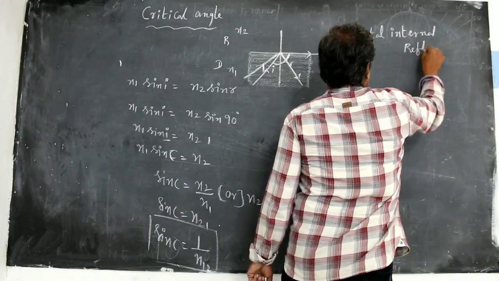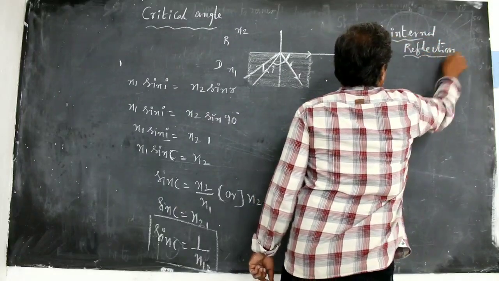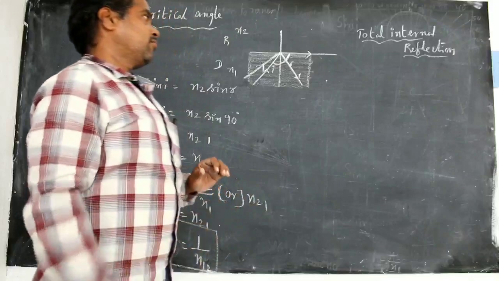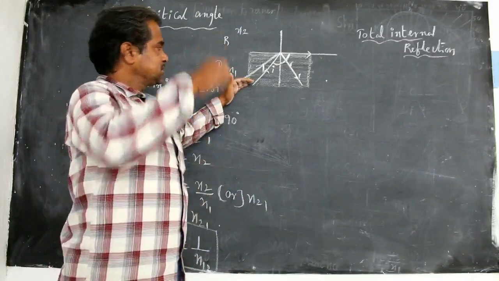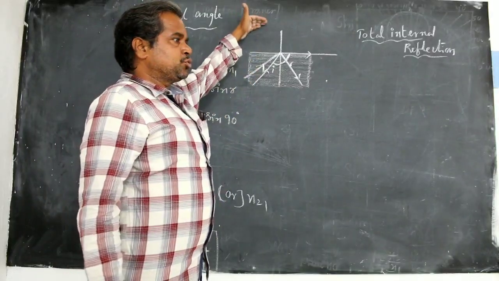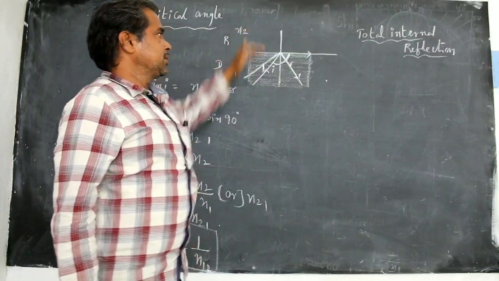Reflection. So here, it is also one property of light. Here one particular condition is there: the light ray which travels from denser to rarer.